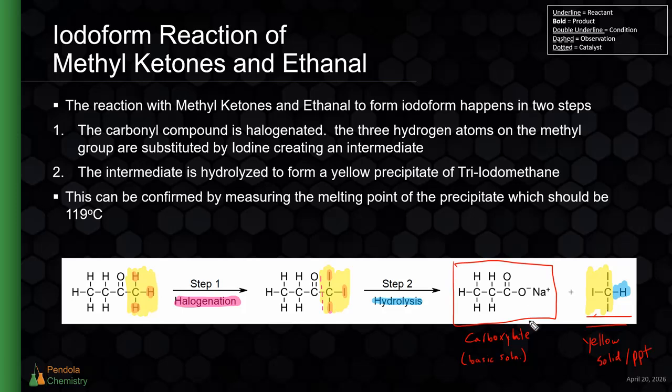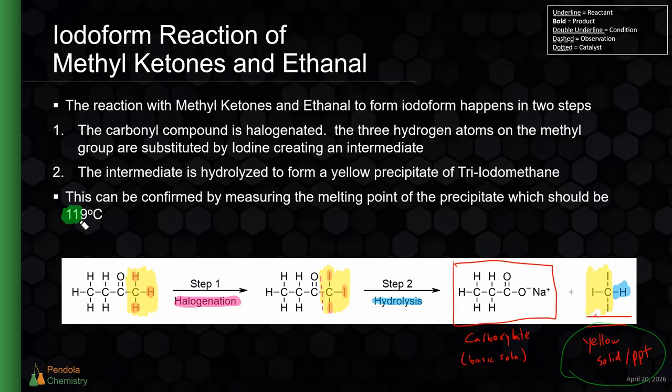in this case, a carboxylate salt. Now, we can confirm that a yellow precipitate, because there might be some other yellow precipitates that appear in very specific circumstances, is actually iodoform and that this iodoform test was positive, by looking at its melting point. We can separate that solid, filter it, dry it, and then look at its melting point.